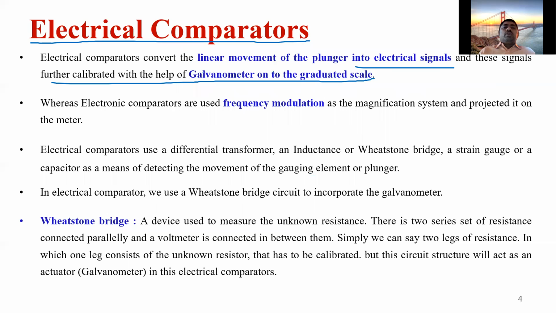So in the electrical comparators, the magnification system is the galvanometer, whereas in electronic comparators, the frequency modulation is the magnification system.